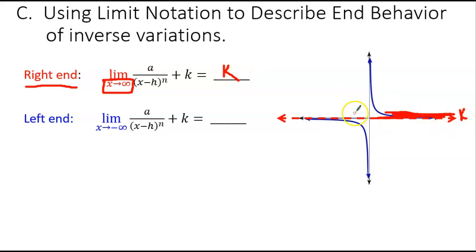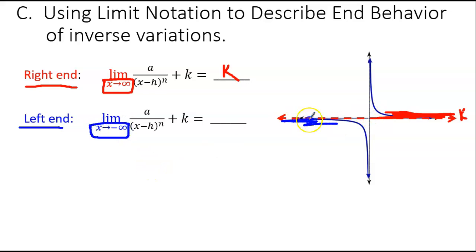Now on our graphs that we've been looking at, it's always been 0. But that's just because the graphs I've been using have the same horizontal asymptote. The point is that it gets closer and closer to that dotted line. So that dotted line is the horizontal asymptote, which is represented by k. The same thing happens with the left end of your graph. That's where x is approaching negative infinity.